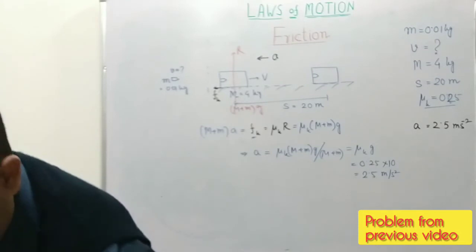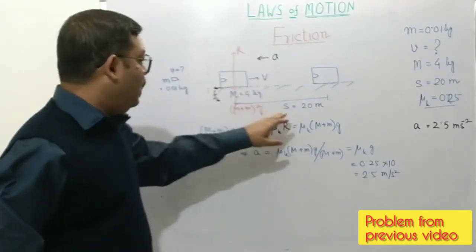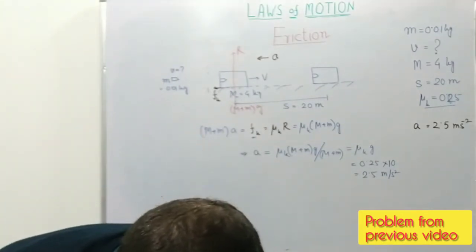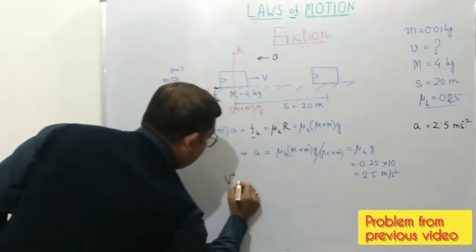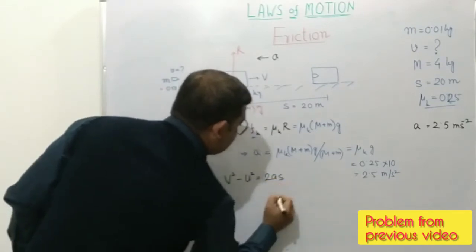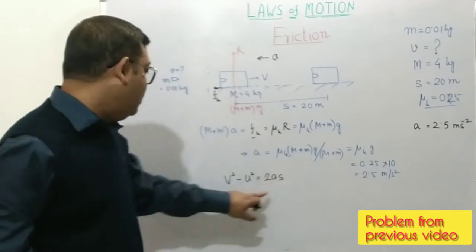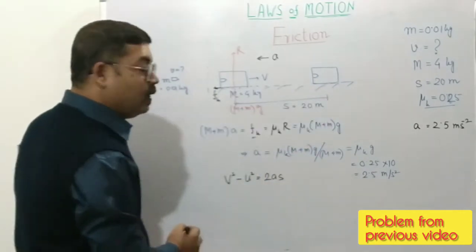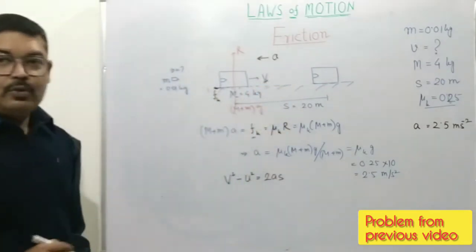Now, if we know this, then using the equation of kinematics, that is this equation, v square minus u square equal to 2as. a we have found, s has been given, the final velocity after traveling this distance has been given to be equal to 0, and u here is equal to this velocity with which the object starts to move.